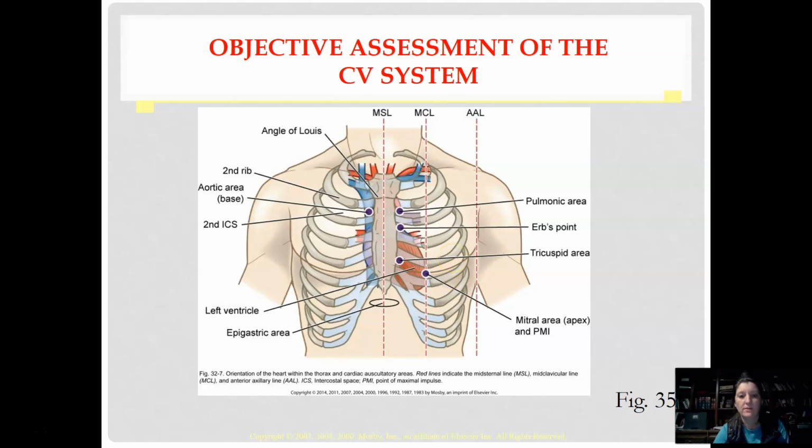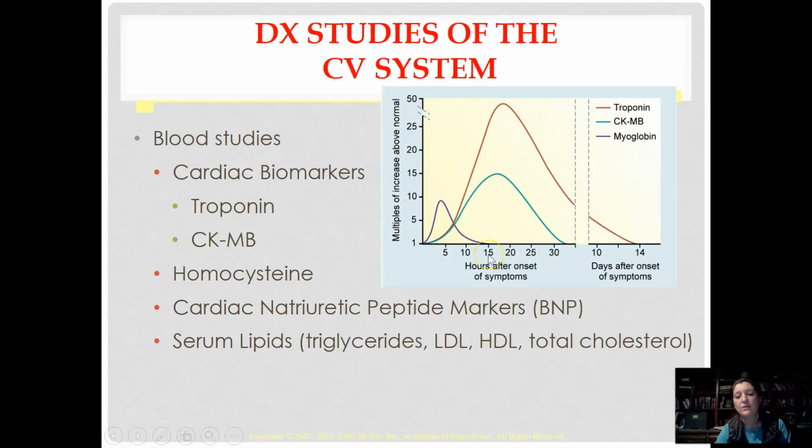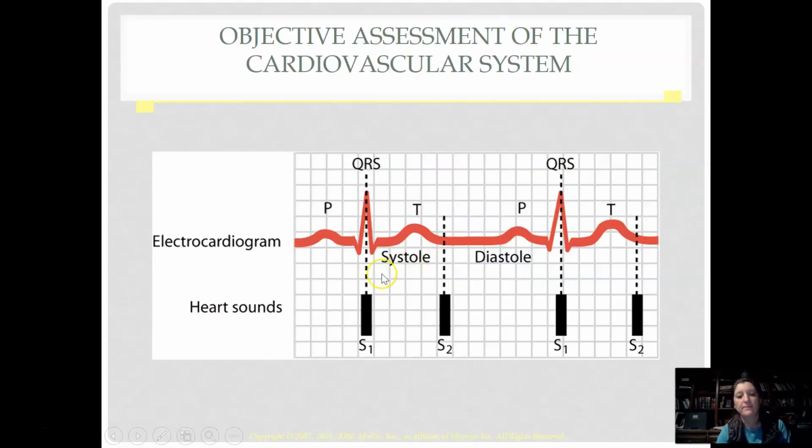So this is an EKG, and it shows which part is systole, so when the ventricles are contracting, and which part is the ventricles resting. So you can see that during diastole, the atria are contracting, the right and left atrium are contracting, but the ventricles have not contracted yet.